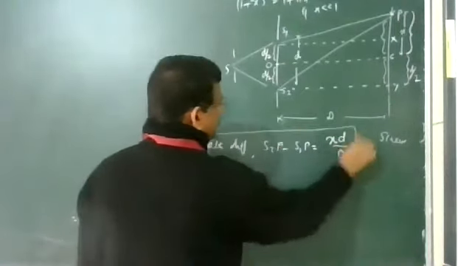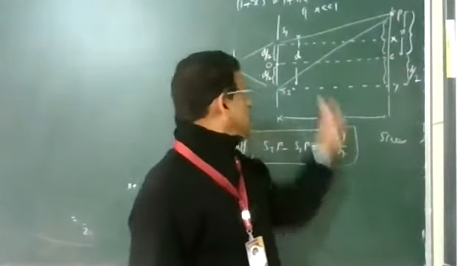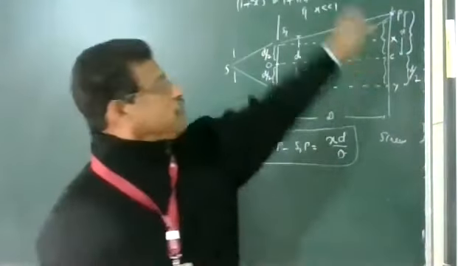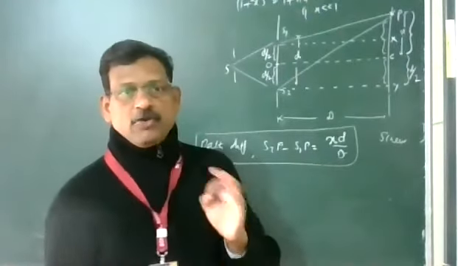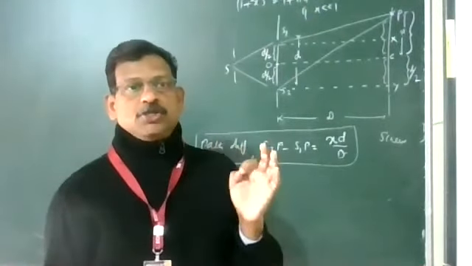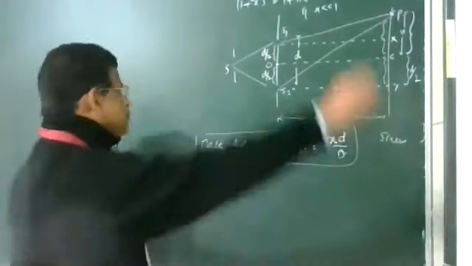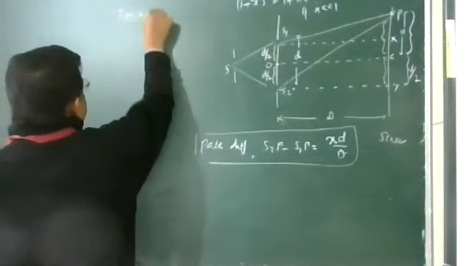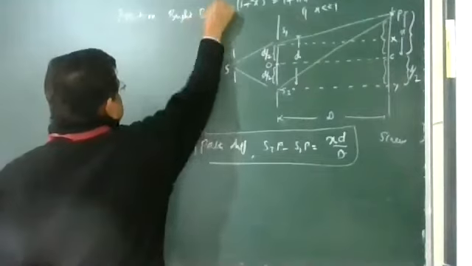Where X is the distance of the point P from the center of the screen, small d is the separation between the sources and capital D is the screen distance. Depending upon the position of the point, the path difference changes, and we are going to find out the positions of bright regions on the screen, the bright bands, or fringes.